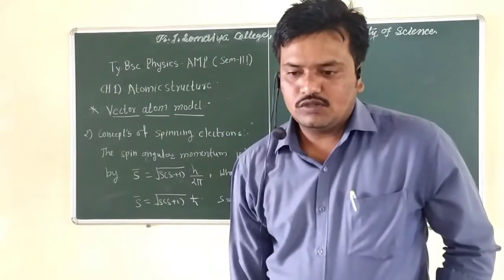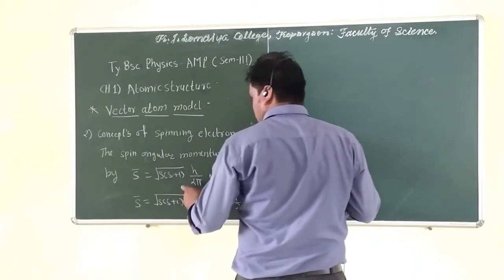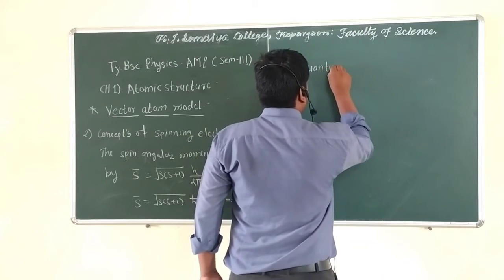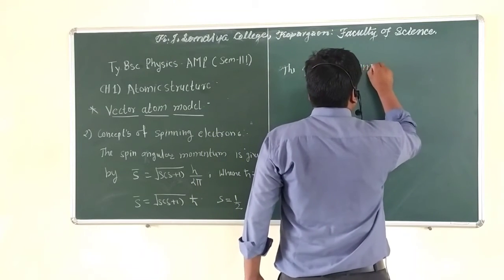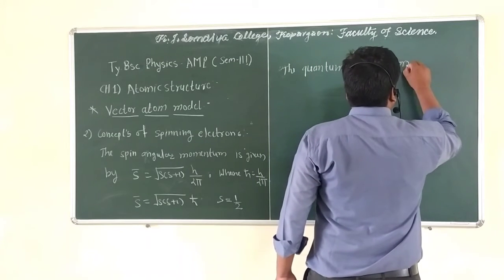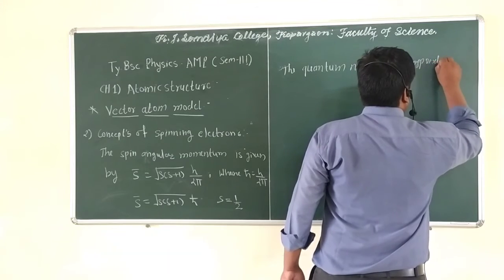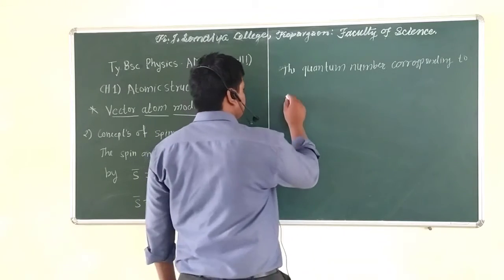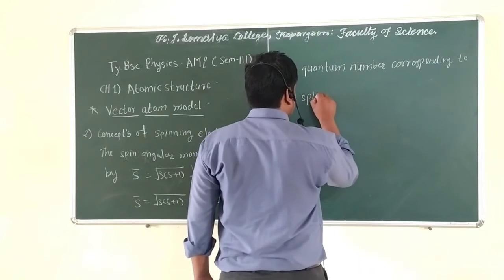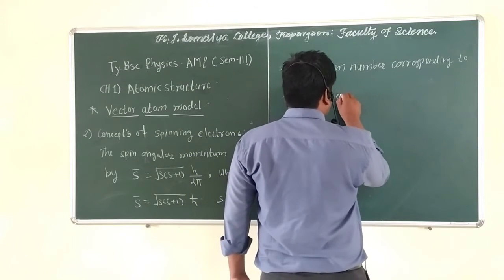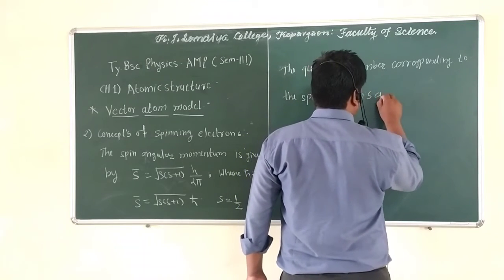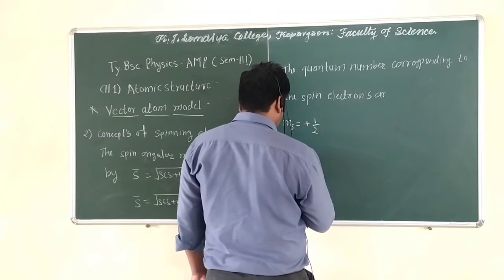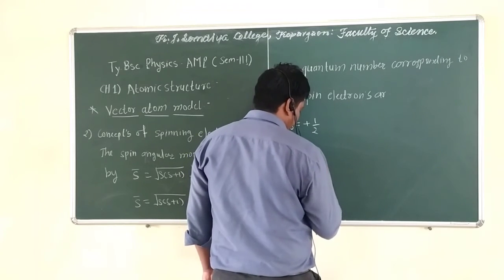Okay, so the quantum numbers corresponding to the spin electron are ms equal to plus half and ms equal to minus half, correct?